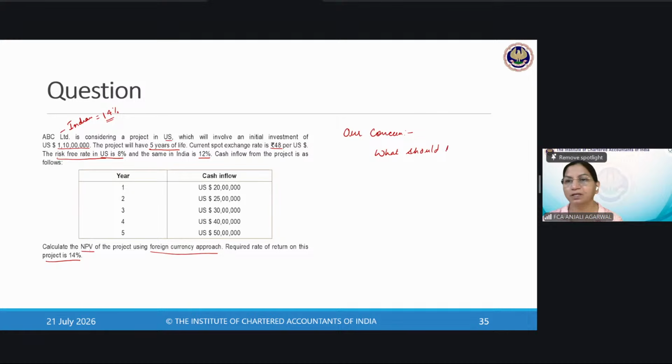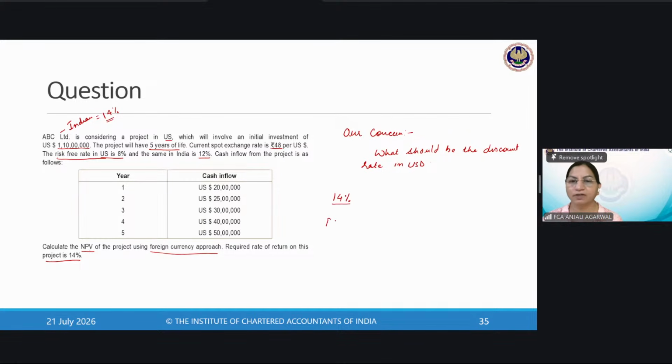So what should be the discount rate in USD? For this, we follow a simple approach. What is the required return in India? It is 14%.